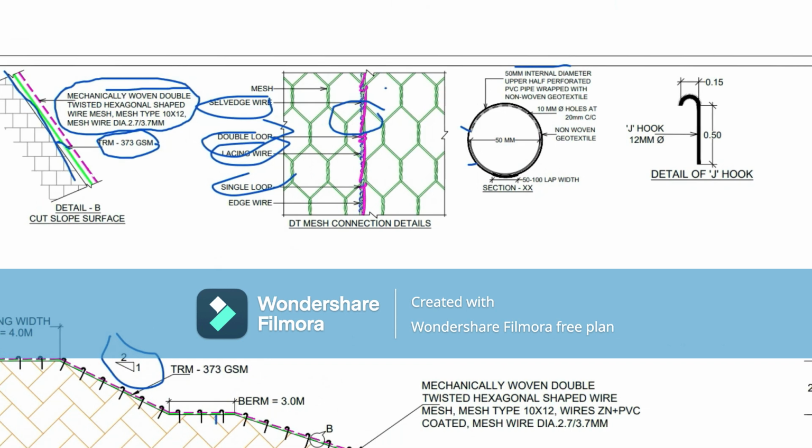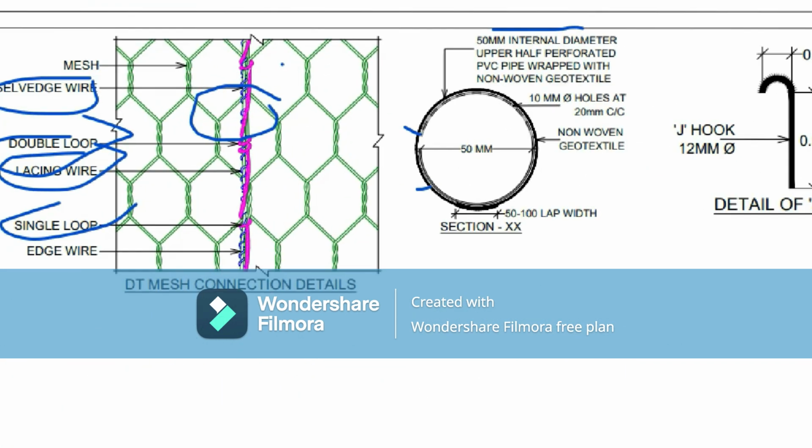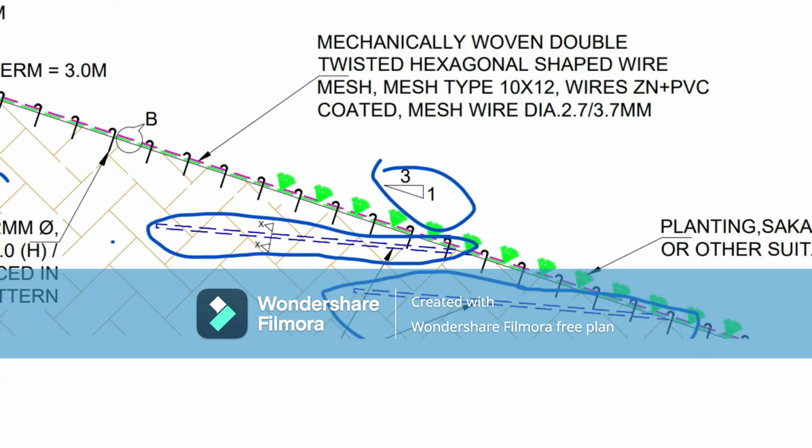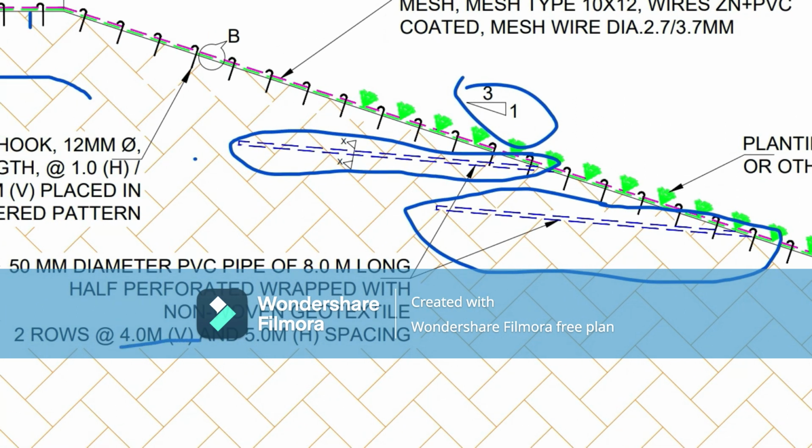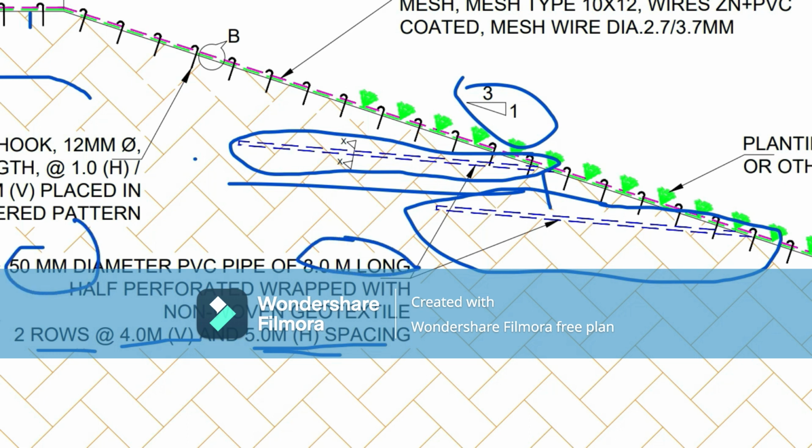So how were these pipes provided? The pipes are at 4 meter vertical and 5 meter horizontal spacing, in two rows. They are 50 mm diameter PVC pipes, 8 meters long, half perforated in depth.